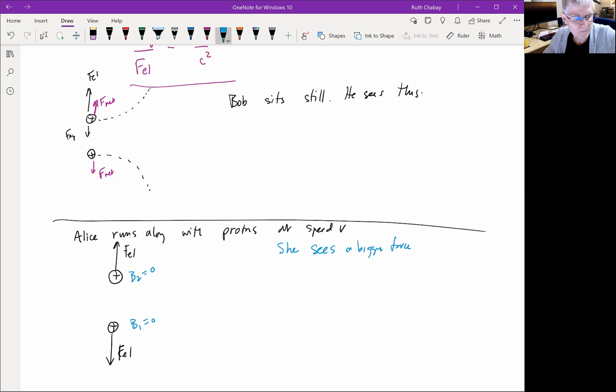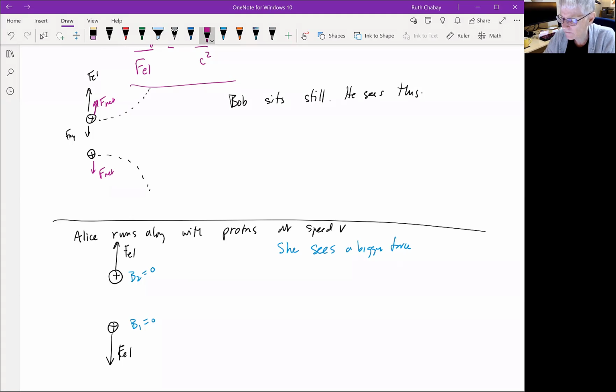Okay, fine. So they have watches, and they decide who's right by timing how long it takes these protons to hit the floor and the ceiling.